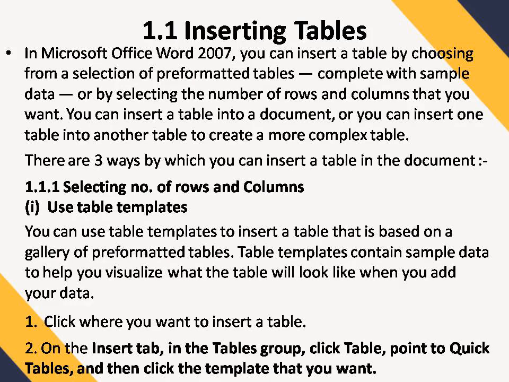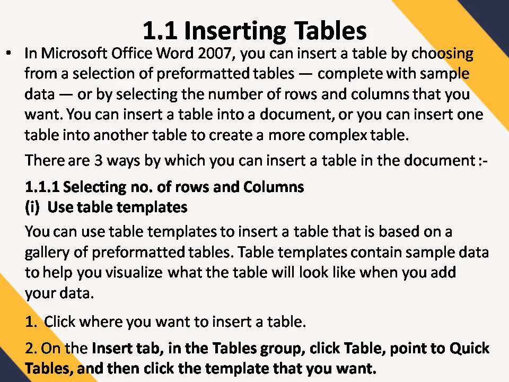Use table template. You can use table templates to insert a table that is based on a gallery of pre-formatted tables. Table templates contain sample data to help you visualize what the table will look like when you add your data.